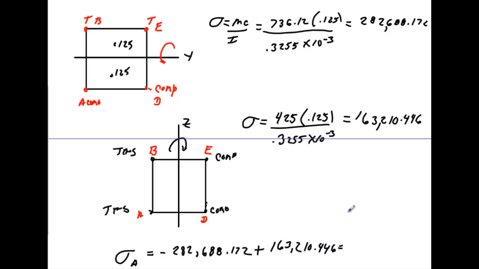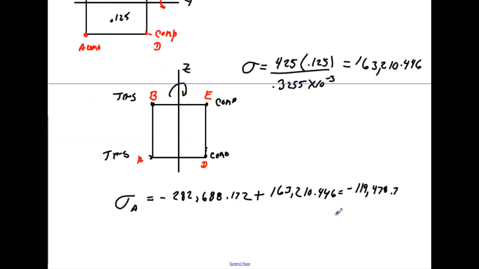Run that value, see what we get. That gives us a value of about negative 119,478.7. So this value is going to be negative 119 kilopascals, or 1,000 newtons per square meter.